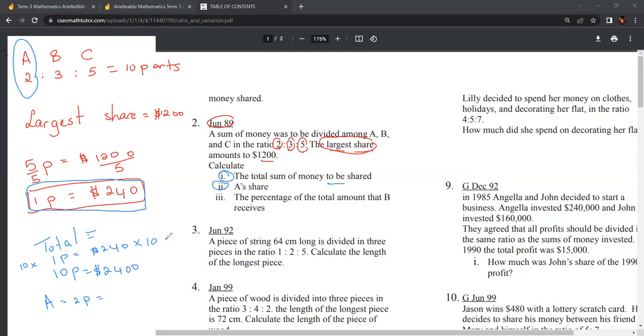Then two parts will be 240 times 2. So that will be 2 zeros are 0, 2 fours are 8, 2 twos are 4. So that means that A, who received two parts, received $480. We'll come back to the percentages part.